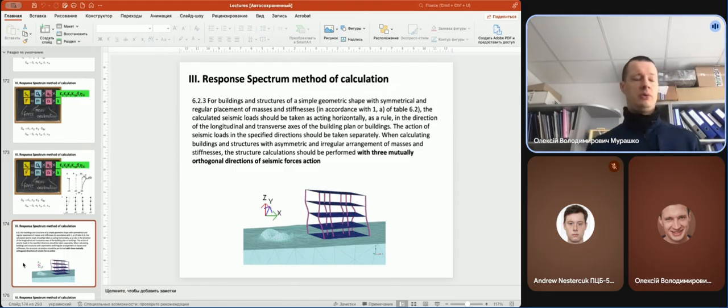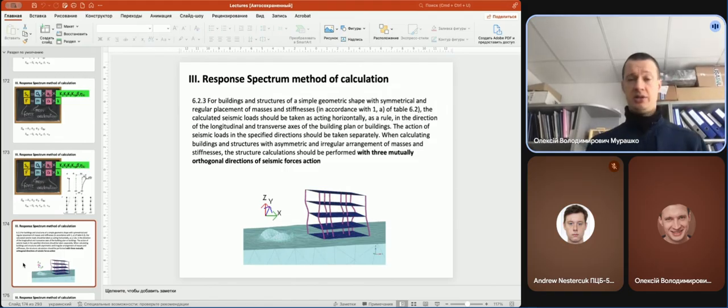And our building code, DBN, tells us that we have to take into consideration not only these two directions, but also earthquake which goes along our building, transversely to our building, and in the vertical direction. So as a minimum, we have to take into consideration three main directions of the earthquake: along the building, transversely to the building, and vertically to the building.